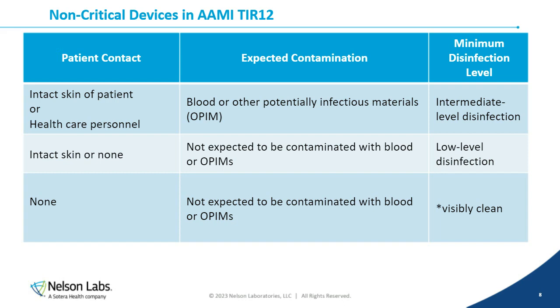If your device is going to contact intact skin or maybe be non-patient contacting, and the expected contamination is not blood or bodily fluids or other potentially infectious materials, then your device at minimum needs a low level disinfection. And then if your device is non-patient contacting and it is not expected to see blood or other potentially infectious materials, then maybe your device just needs to be visibly clean.